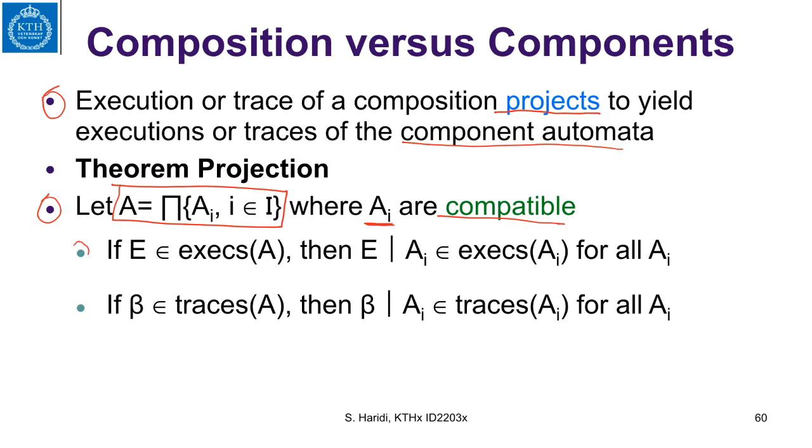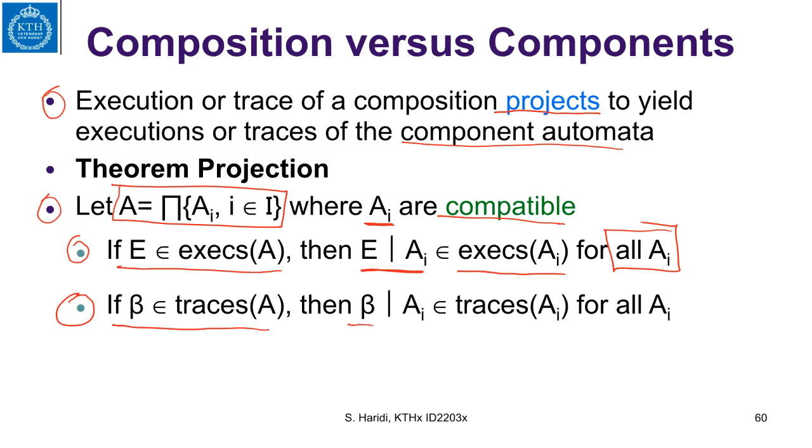So we say that if E is an execution of A, then also E restricted to a component AI is an execution of that component, and that holds for all components. The same thing holds for traces. So if beta is a trace of A, then beta restricted to a component will also be a trace of that component, and that holds for all components.